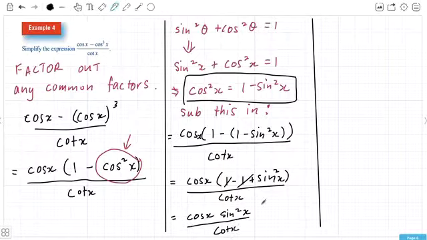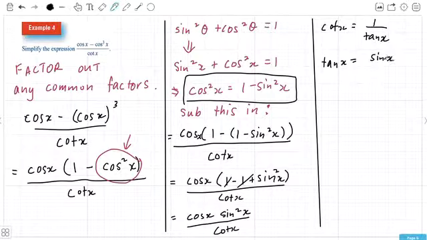Now you might think that that's where you finish, but what you need to think about is this cot x. Remember that cot x is actually equal to 1 over tan x. Tan x is sine over cos, and tan x is very often used to eliminate extra sines and coses. It's often used in these type of questions, the same way that cot is.